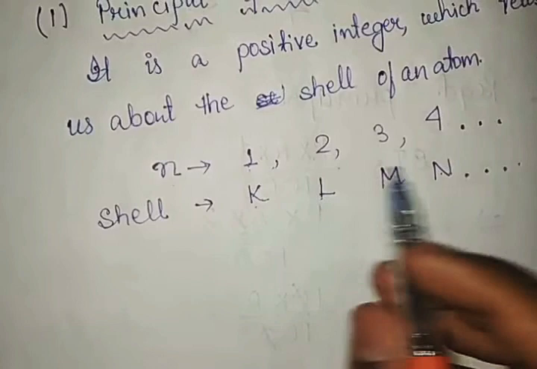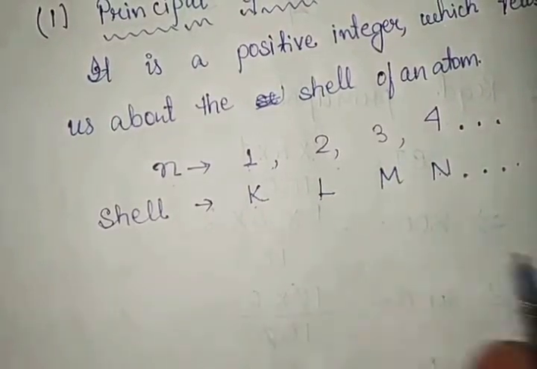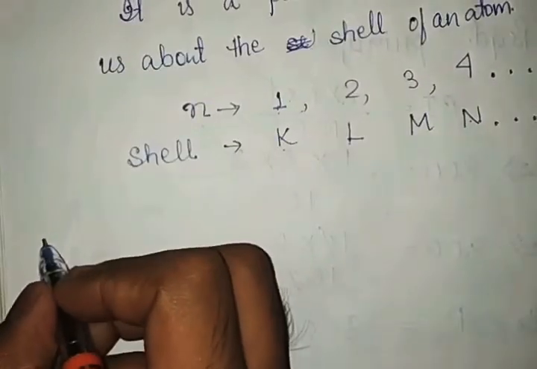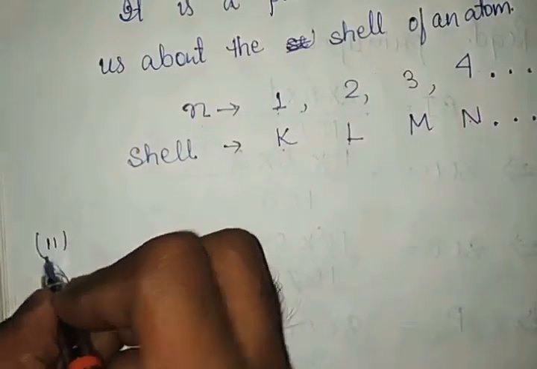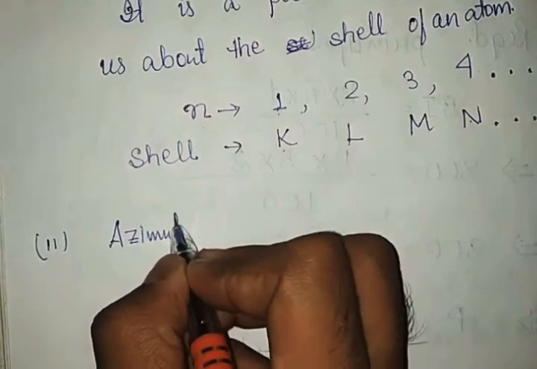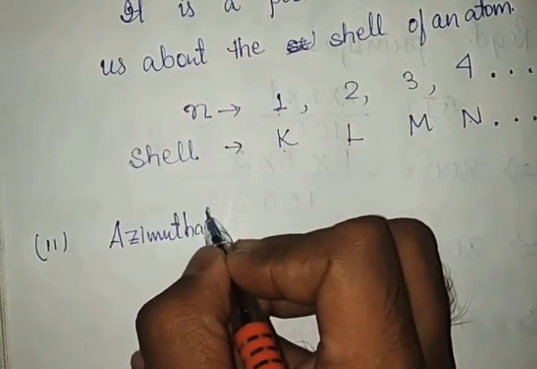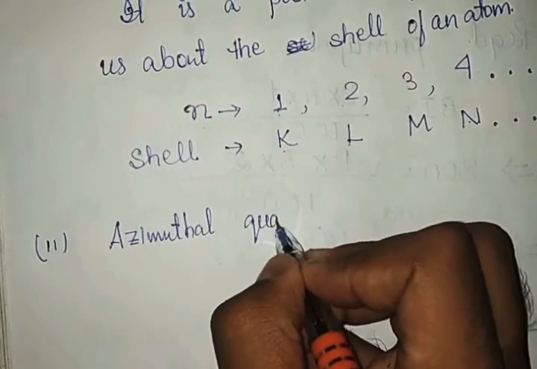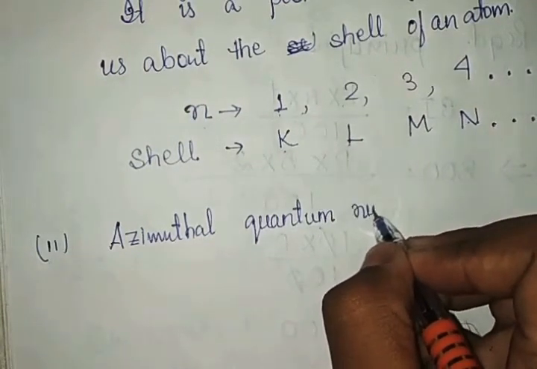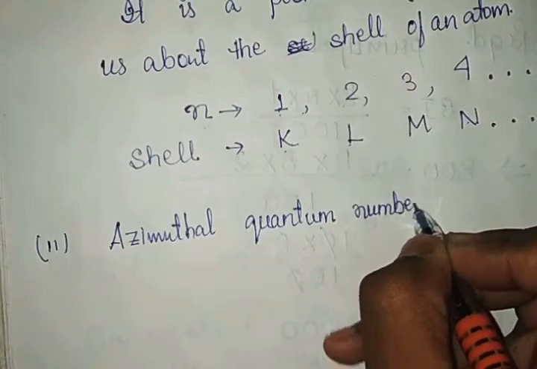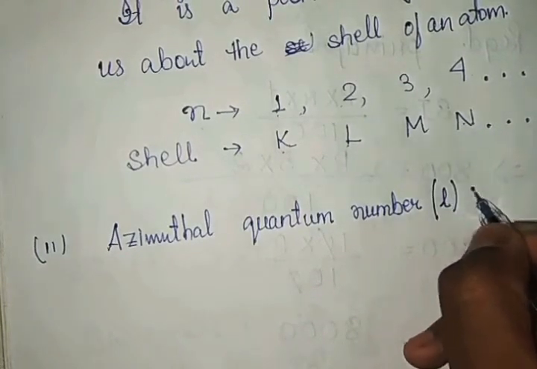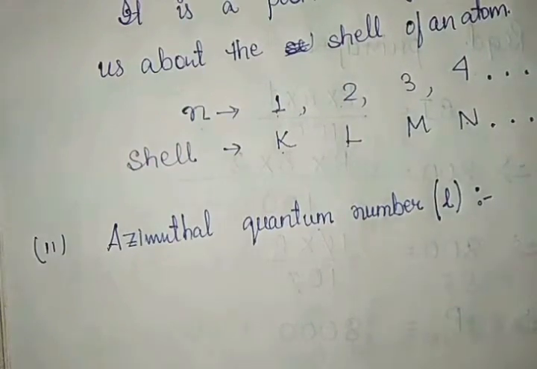Then the next one in this sequence is the azimuthal quantum number. The second one, number 2, is the azimuthal quantum number, and the letter which represents this one is L. Now, what is azimuthal quantum number?